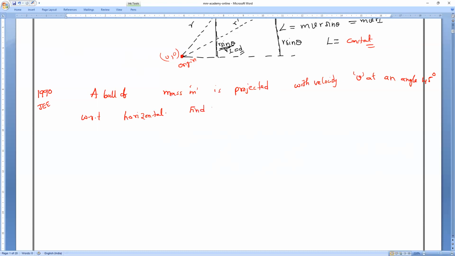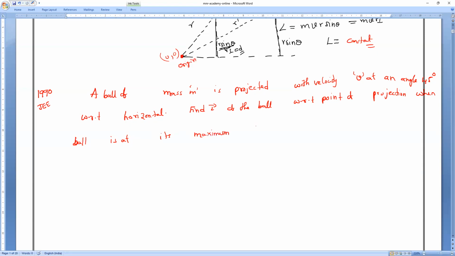Find the angular momentum of the ball with respect to the point of projection when the ball is at its maximum height. When the ball is at its maximum height.